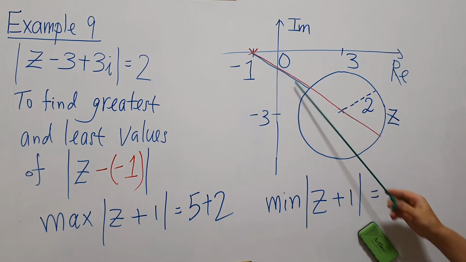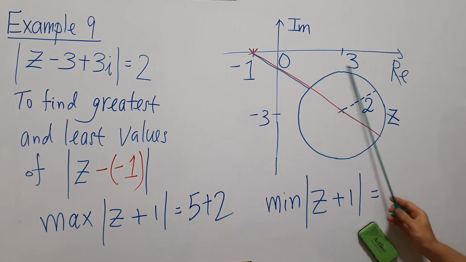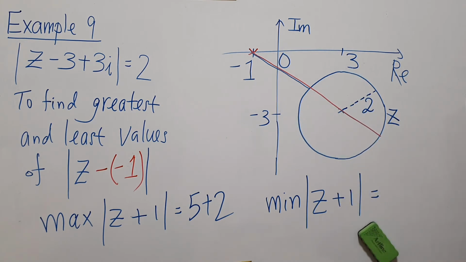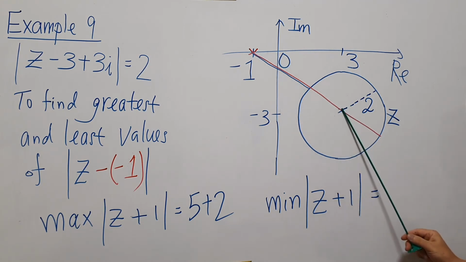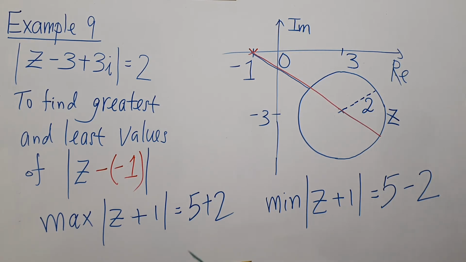From here to here, this is the shortest possible distance between this point and this circle. So judging from the diagram, it becomes the distance from here to the center, then you subtract away a radius. So the minimum distance is actually 5 minus 2. So there you are, the maximum and the minimum value of the modulus of z plus 1. Okay, that is example 9.